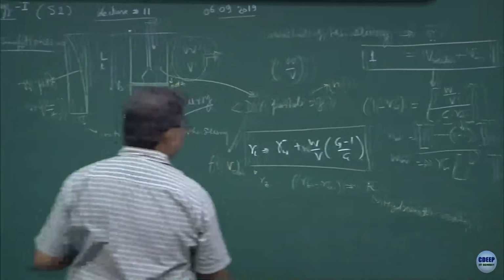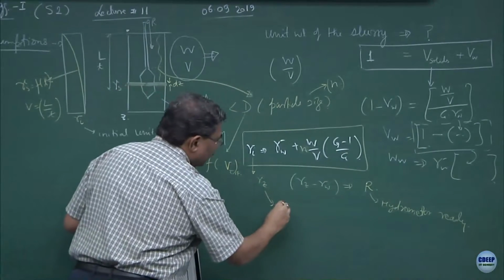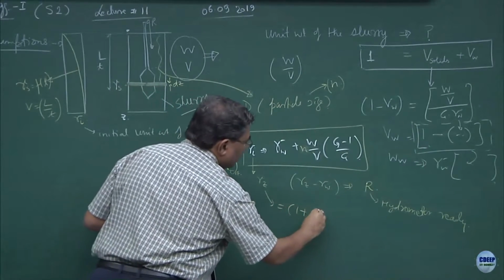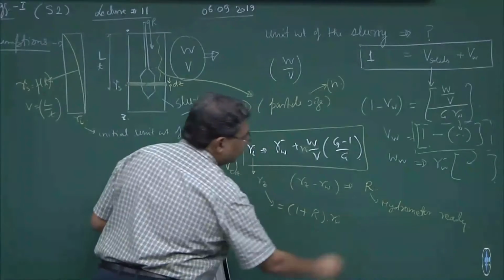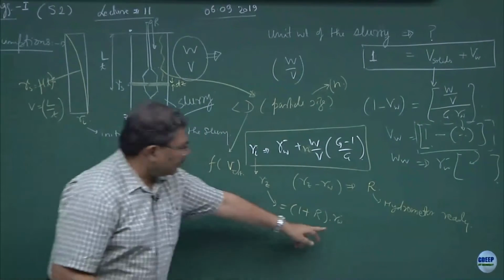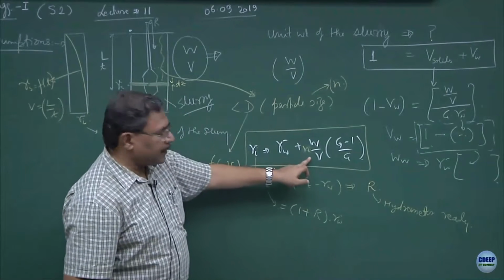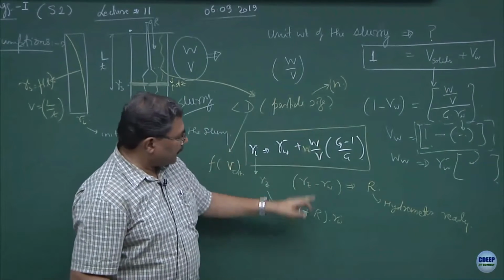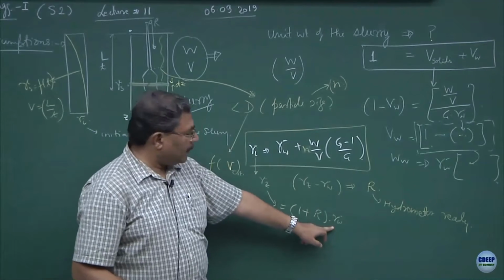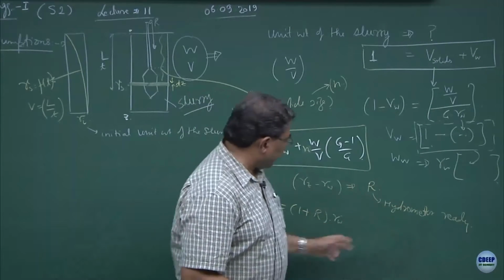So, that means gamma Z can also be written as 1 plus R times gamma W. This gamma W is just for the balancing, so that this becomes a density term. W upon V is a density term. So, I am just writing 1 plus R into gamma W, where R is the hydrometer reading.